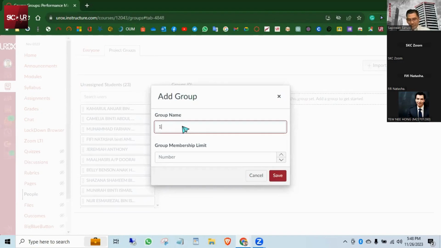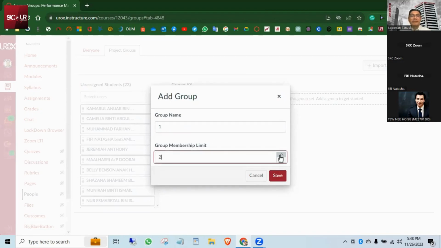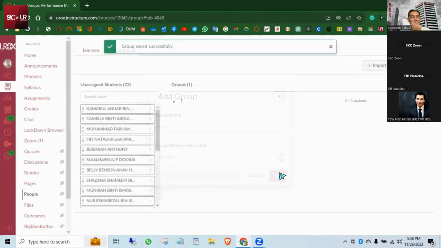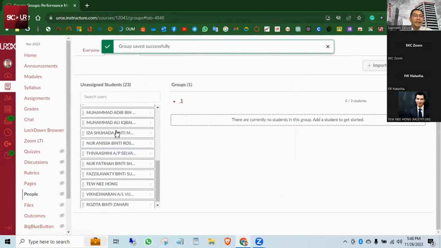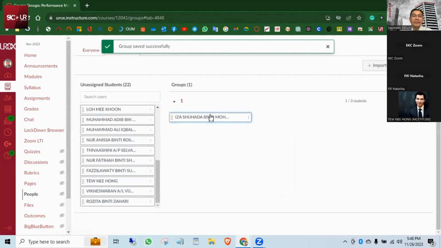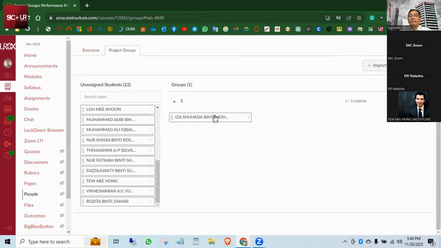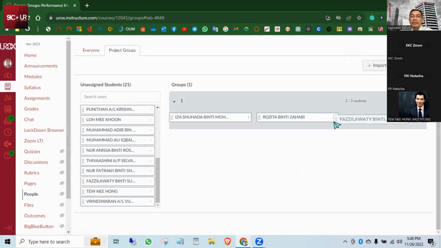So I'm putting group 1. Okay, group 1, I'm putting first Iza. Who is your team member, Iza? Rosita and Fazilawati. Rosita, Fazilawati.